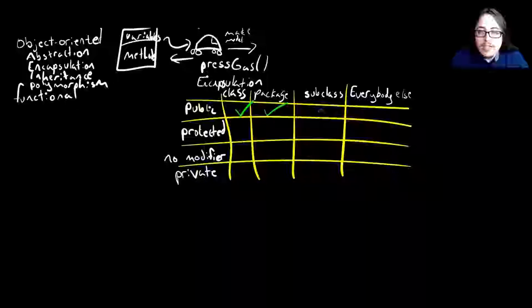Yes. Is it visible in the subclass? This is something I'll talk about later, but basically think of it like a class that comes from this class, like a little baby class. Yes. Can everybody else see it other than these things? Yes.